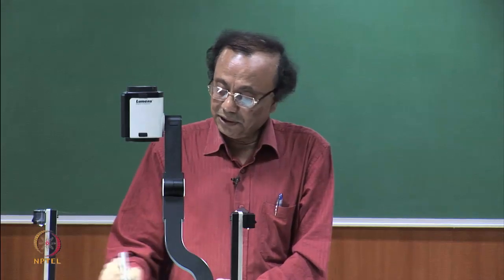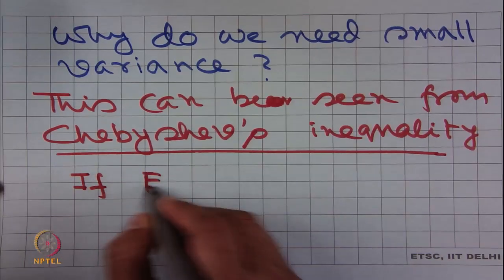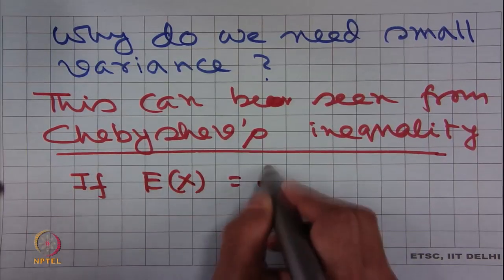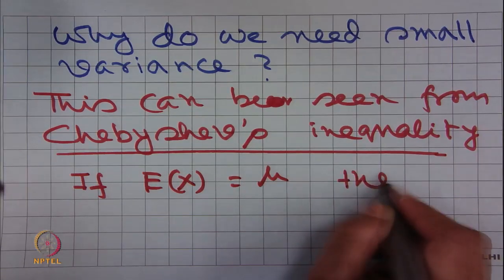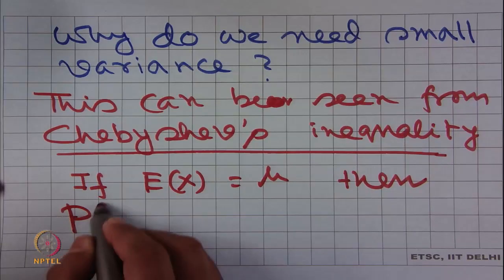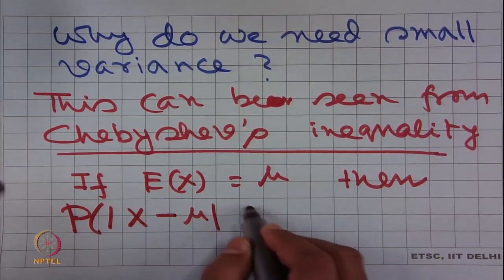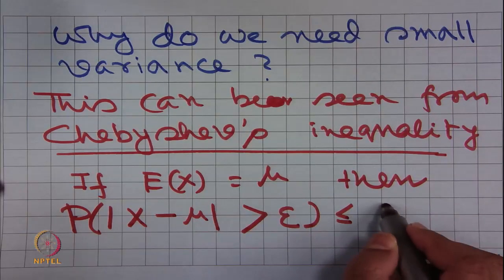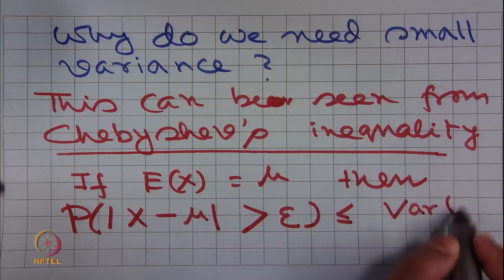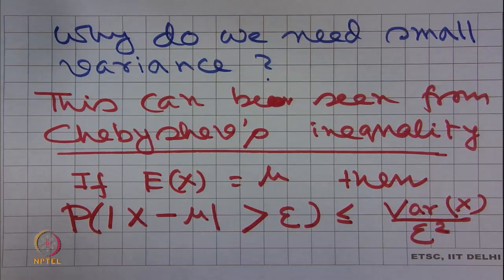But Chebyshev's inequality says that if expectation of x is equal to mu, then probability modulus of x minus mu greater than epsilon is less than or equal to variance of x upon epsilon square.